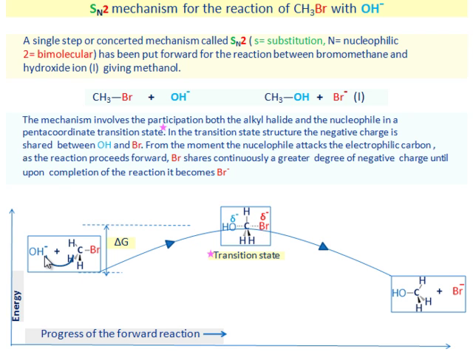From the moment the nucleophile attacks the electrophilic carbon, as the reaction proceeds forward, Br continuously shares a greater degree of negative charge until upon completion of the reaction it becomes Br minus.